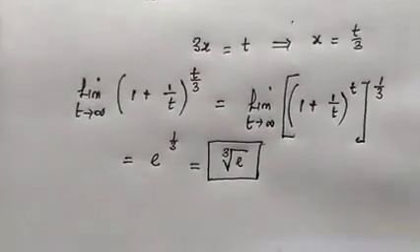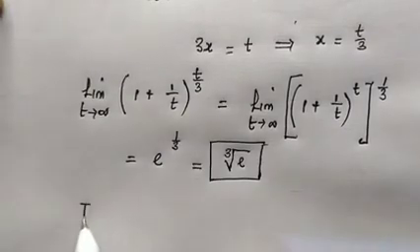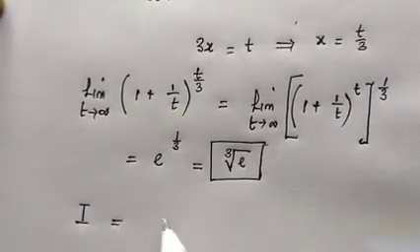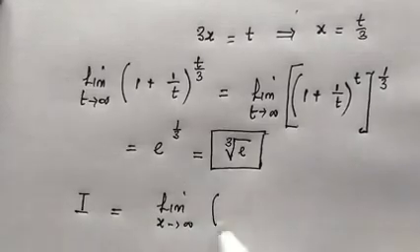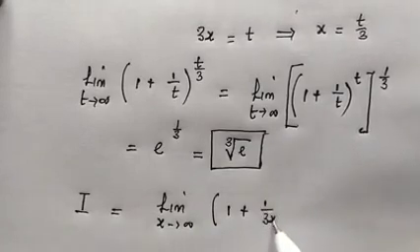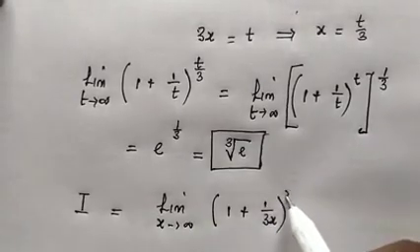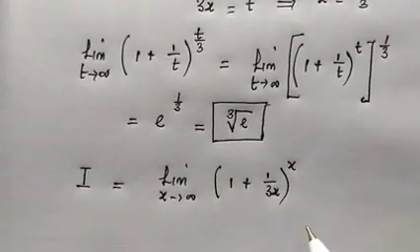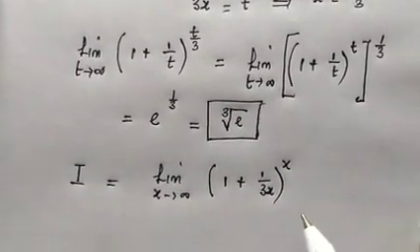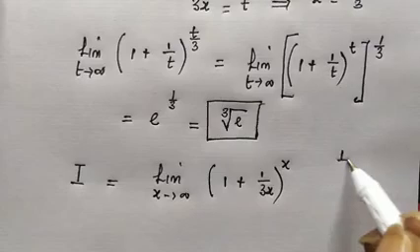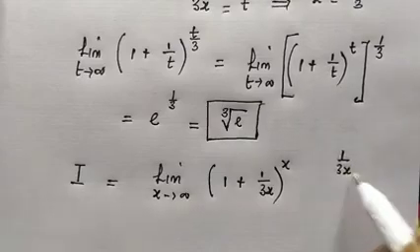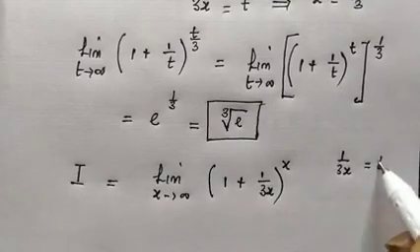Okay? Now, another way we can solve this problem, let's call this limit I, which is equal to limit as x is approaching infinity of (1 + 1/(3x)) raised to the power of x. Okay, now, let us first start with a substitution. So, we're going to let 1 all over 3x equals t.